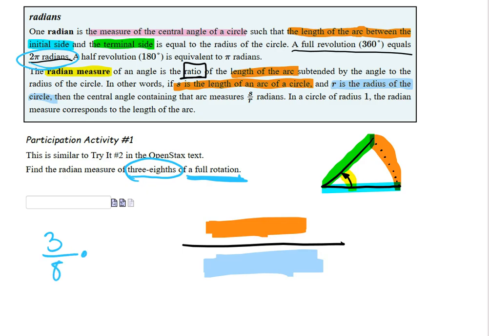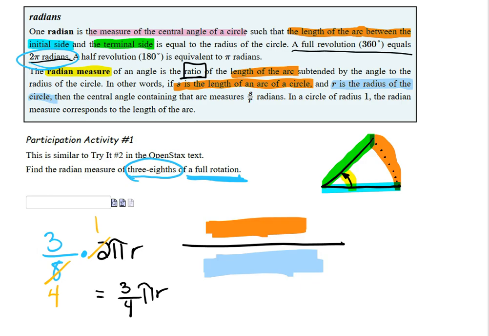So 3/8 times 2 pi radians. And of course, I can cross cancel here, because 2 goes into itself once and it goes into that 8 four times. So this ends up being 3/4 of a pi radians.